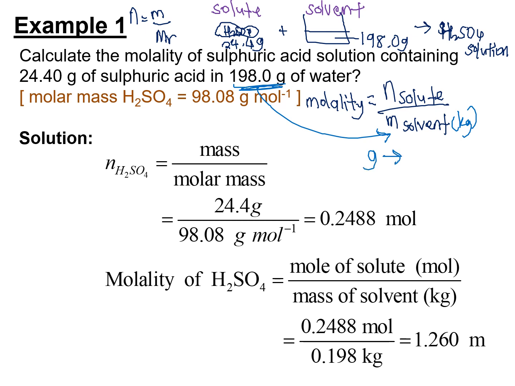Gram tukar kepada kilogram, you kena bahagi 1000. Ataupun you just boleh letak je 198 times 10 to the power of negative 3. Jadilah kilogram. Okay, so you masukkan saja information for the mass of solvent in kilogram. Now you dapatlah jawapan. Molality of H2SO4 adalah 1.260 m. M kecil ya. Tengok unit pun, unit jangan lupa.